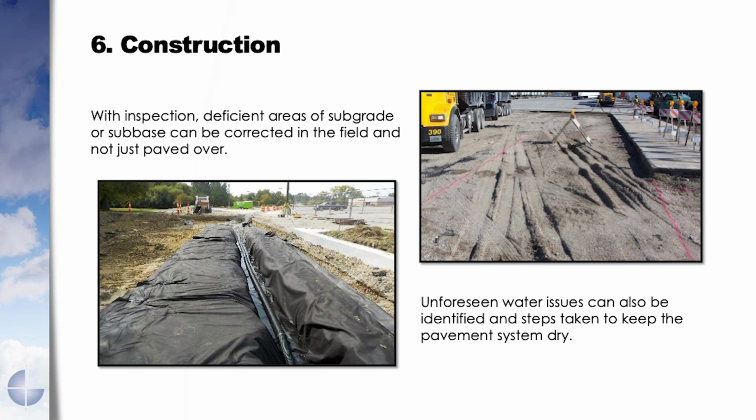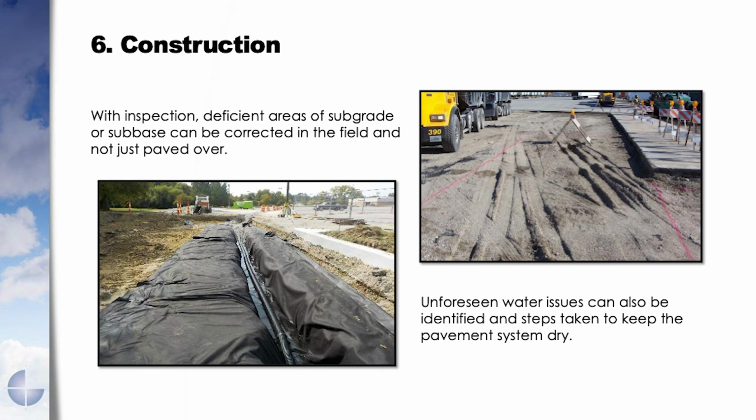Some of the advantages of construction observation: this project on the left, after it was excavated, it was found that there was a water spring underneath this pavement. Yes, the pavement could have been replaced, the stone could have been replaced, but the root cause of the failure wouldn't have been addressed, and it was easily addressed by installing an underdrain system.